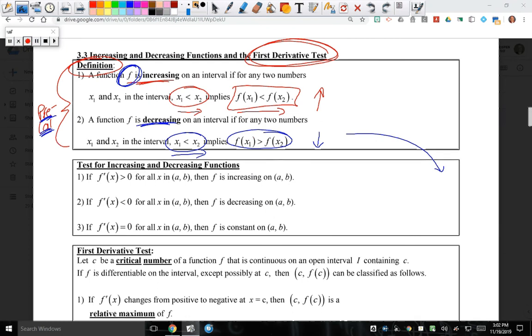So first of all, the calculus interpretation, this is the one we're talking about. The test for increasing and decreasing functions goes like this. If the derivative is positive, then f is increasing.